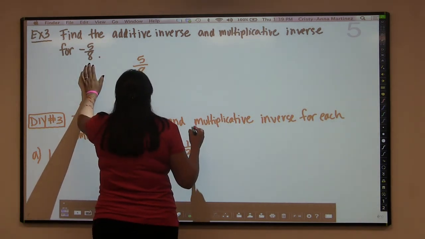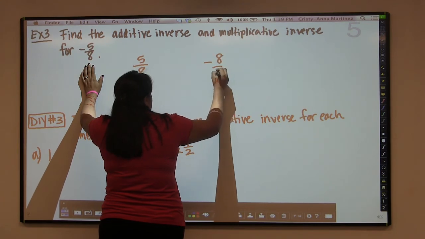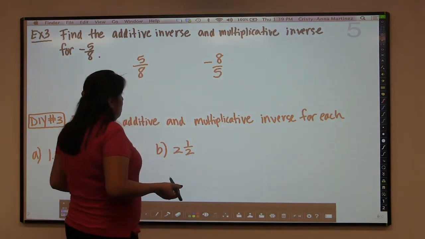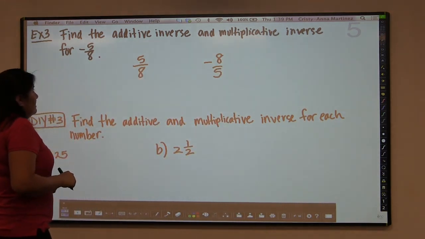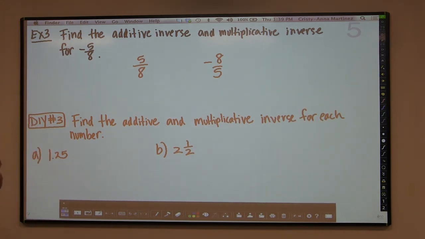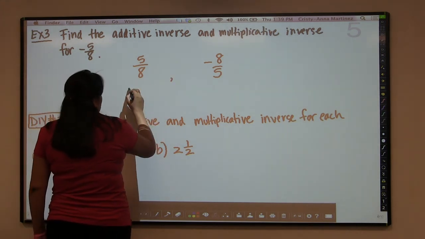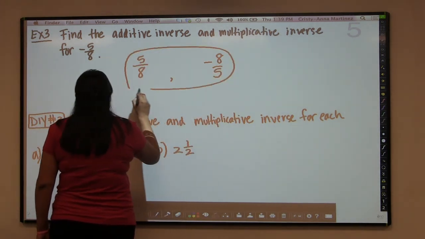So the inverse would be negative 8/5. And again, that's because if I multiply negative 8/5 times negative 5/8, I will get positive 1, which again is the multiplicative identity. 2 inverses will always produce the identity. So these are our 2 answers for example 3.